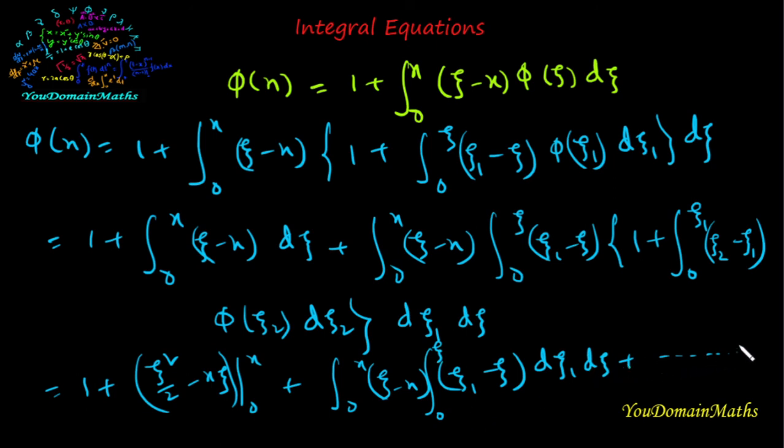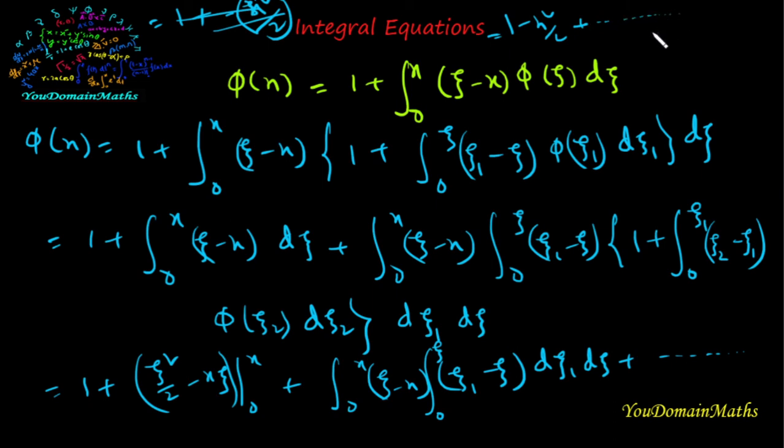So if we simplify these, then we find 1 plus, when xi is replaced by 0, then this is 0, and when we put the value of x, we find x square by 2 minus x square, so this is minus x square by 2. So if we rewrite this, 1 minus x square by 2, and the third and fourth terms.